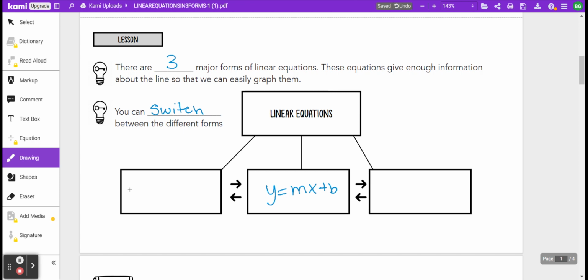But we've also talked about point slope, where we have y minus y1 equals m, my slope, times x minus x1. Then the one we talked about yesterday is standard form, where we have ax plus by equals c.